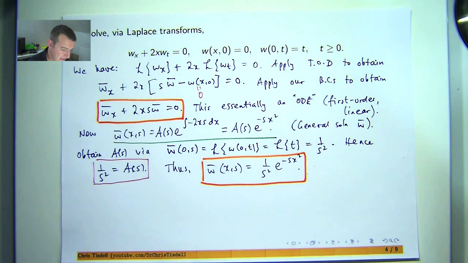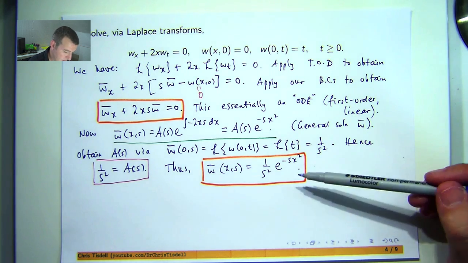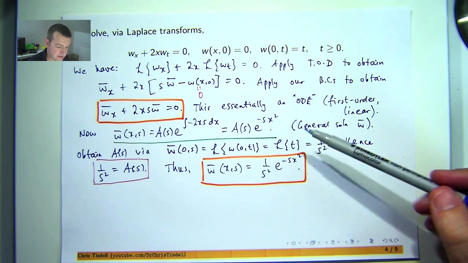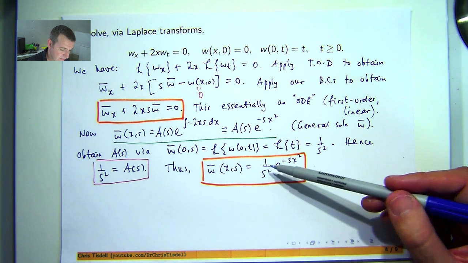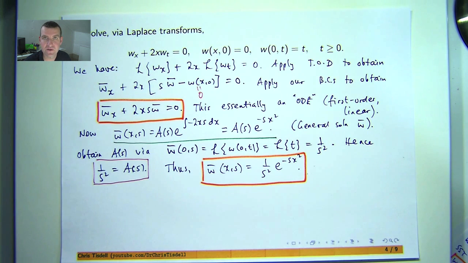Okay, so to do this, we need to take an inverse transform. Okay, so how do we do that? Well, we want to take the inverse transform of both sides. Now there is a theorem from Laplace transforms which gives you the inverse transform of a function of s times an exponential function. Okay, that is called the second shifting theorem.